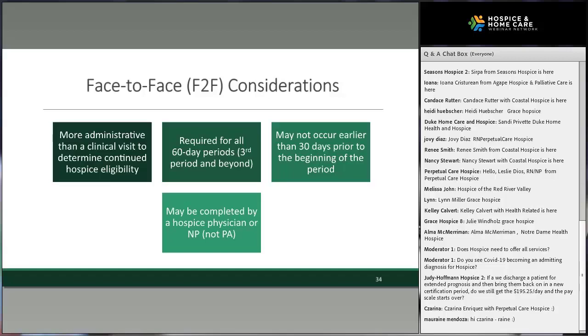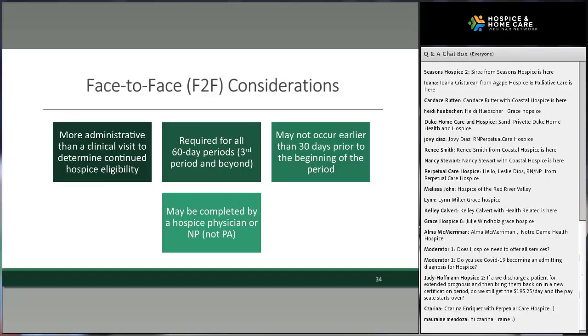It's a clinical visit, and it's just really to make sure that the patient is still hospice eligible, and it's required for the third benefit period and beyond. It cannot occur earlier than 30 days prior to the beginning of the third period. So if a patient gets admitted to hospice, you cannot do a face-to-face in the first month of admission and have that face-to-face work for your third benefit period.